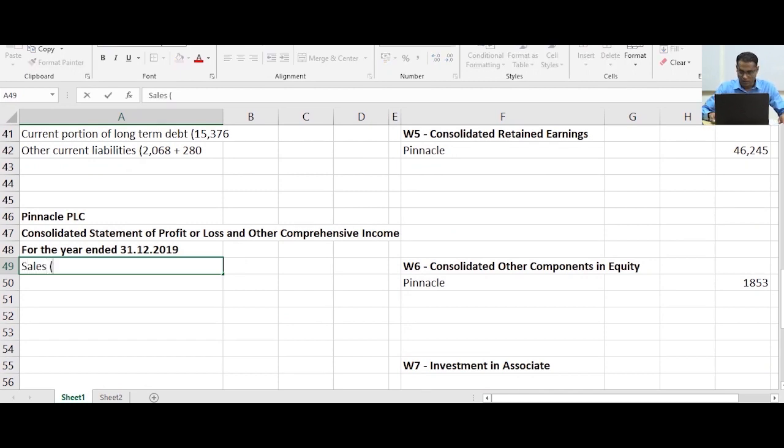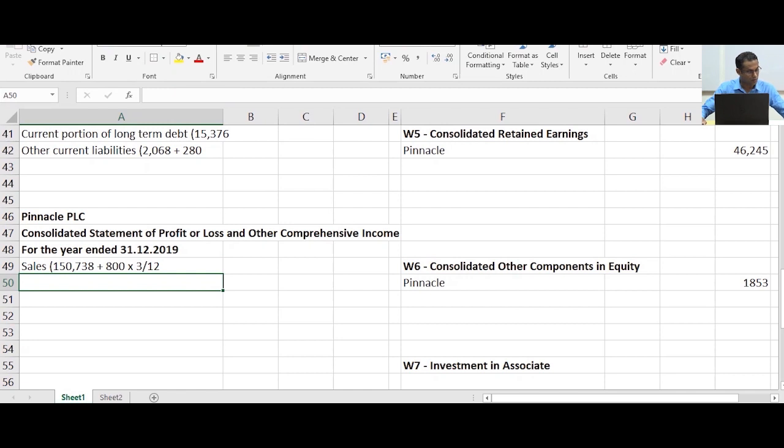Sales 150,738 plus, the subsidiary is having a sales figure of 800. Okay, 800, but I need to take 800 into 3 upon 12, because I consolidate the subsidiary only in the last 3 months. Acquisition date is 30th September 2019. All the figures of the subsidiary I have to time apportion.